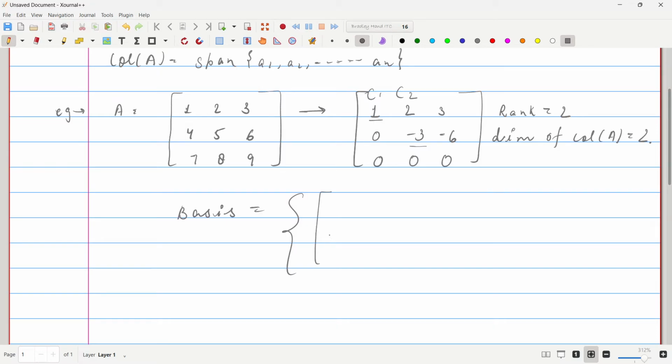So the basis of the column space will be (1, 4, 7), comma (2, 5, 8). That is column 1 and column 2. So this is the column space of this matrix A.